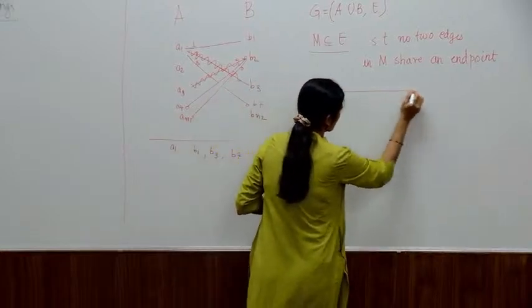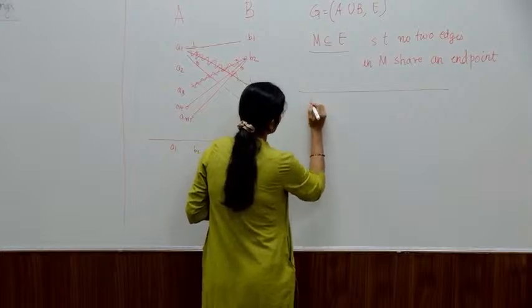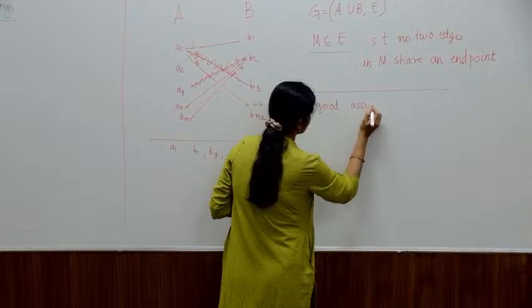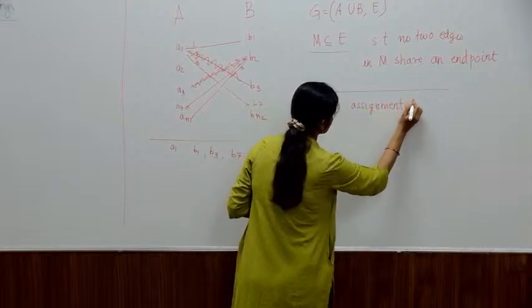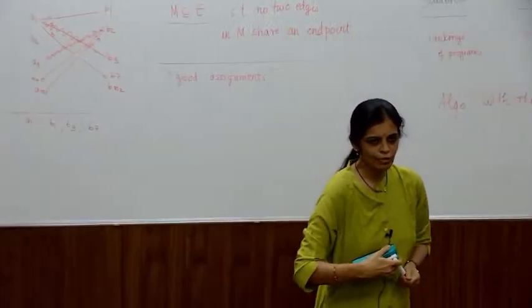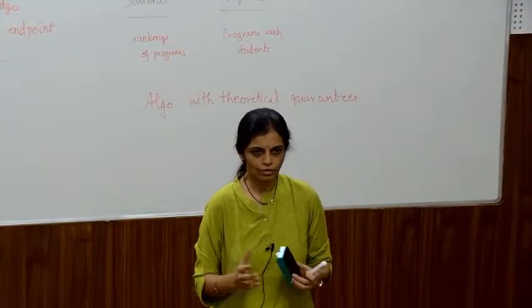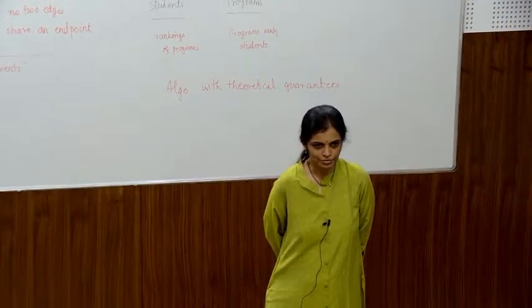But it's not enough to say that we will come up with any assignment. We want good assignments. So let's wait for a minute and ask what do we mean by good, or what does good mean to you?